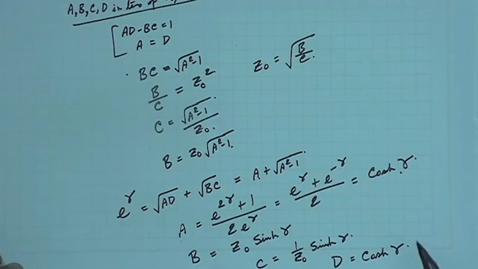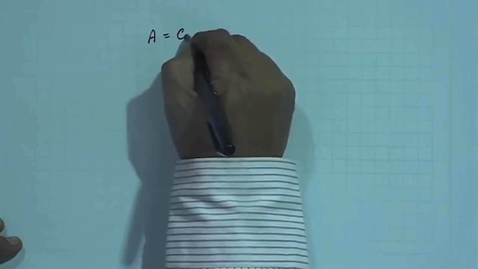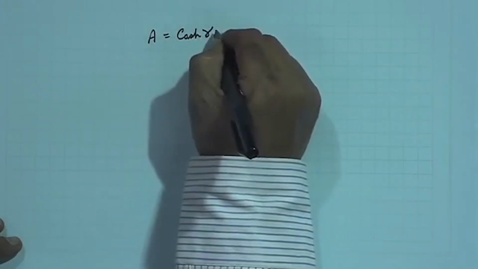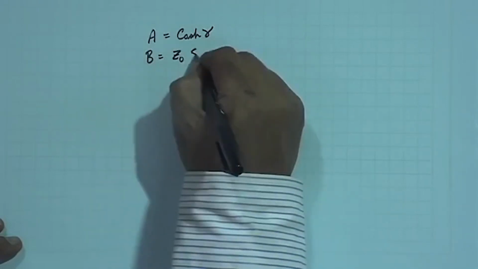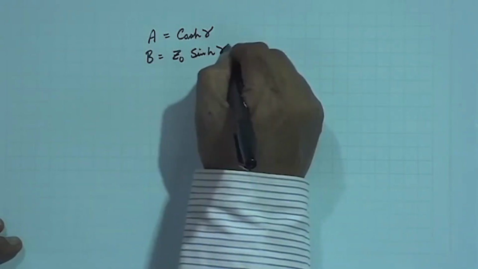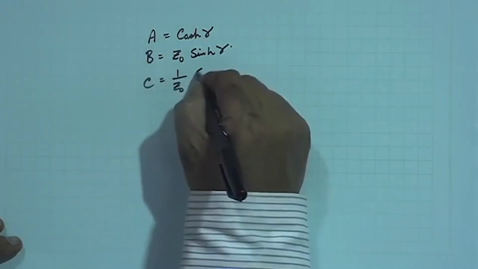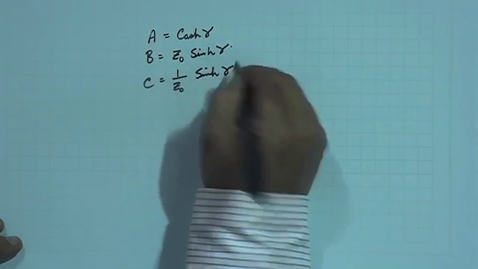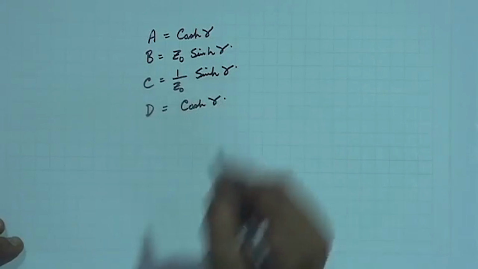So, you see that now I can clearly write that A is equal to cos hyperbolic gamma, B is equal to Z0 sin hyperbolic gamma, C is equal to 1 by Z0 sin hyperbolic gamma and D is equal to cos hyperbolic gamma.